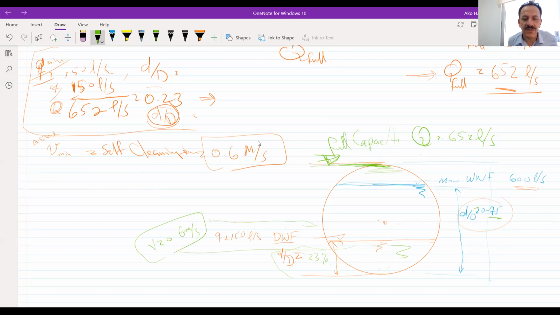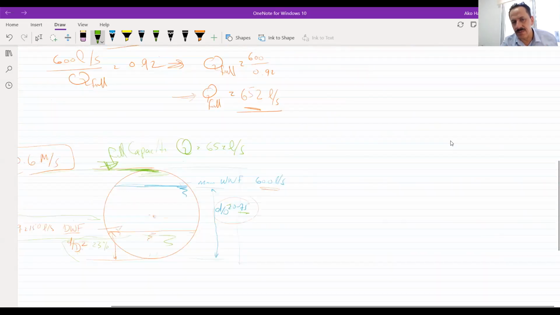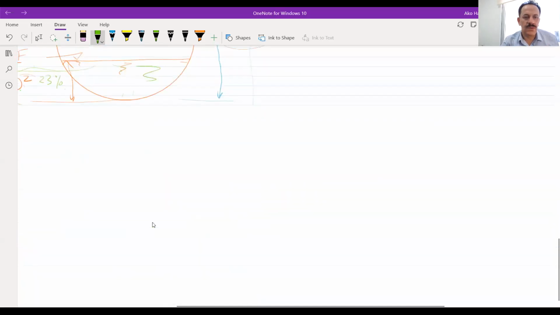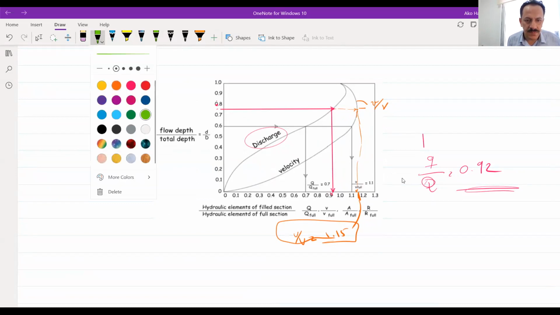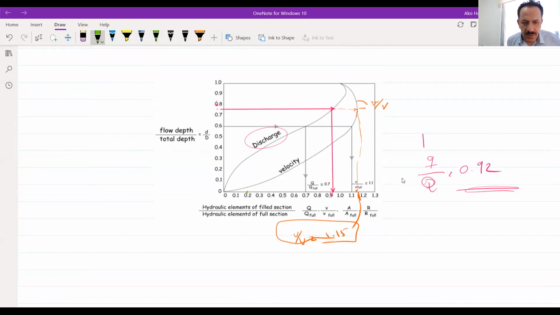I can find what, using the same chart. Now I will go back with this one. This is 0.2, this is 0.3, this will be 0.23, and I will get back to find the relation. What is that?